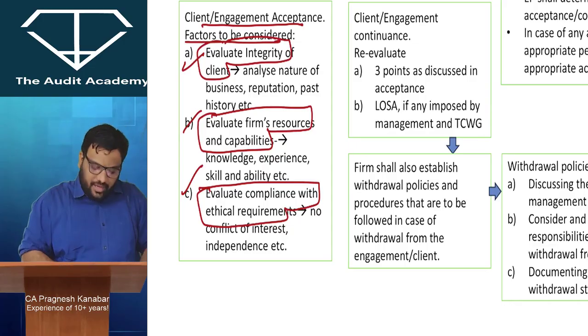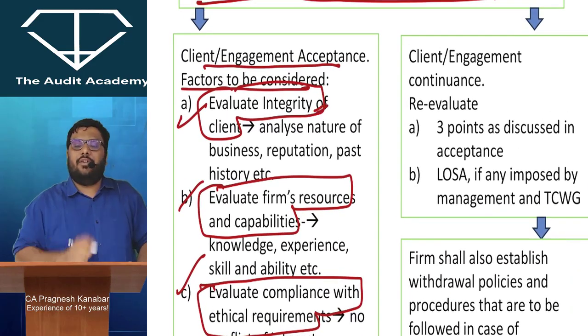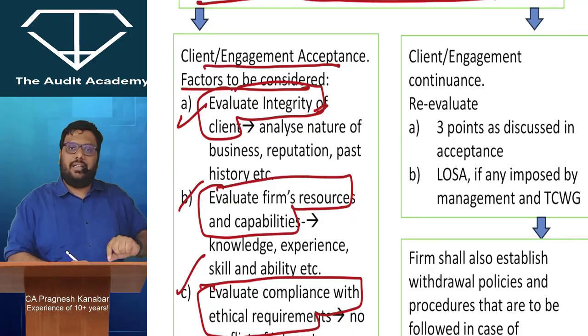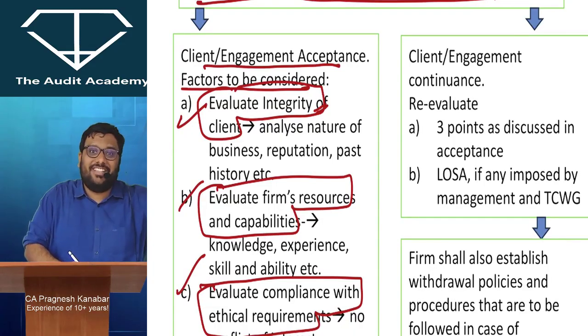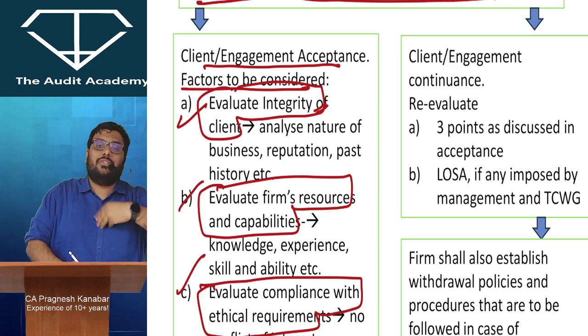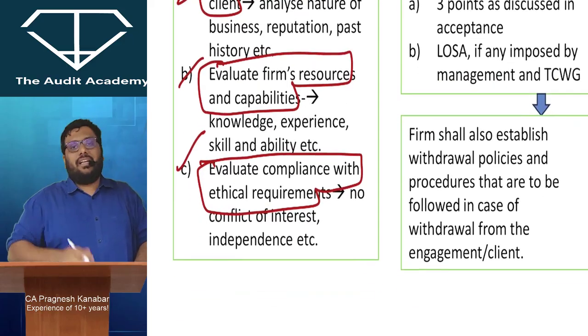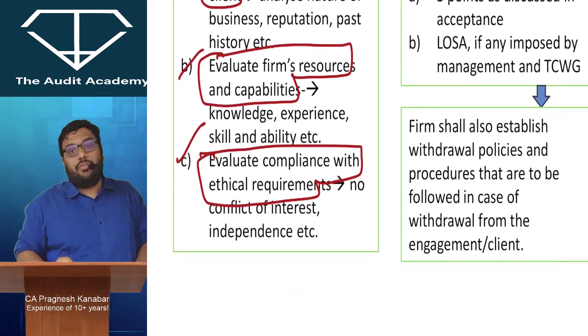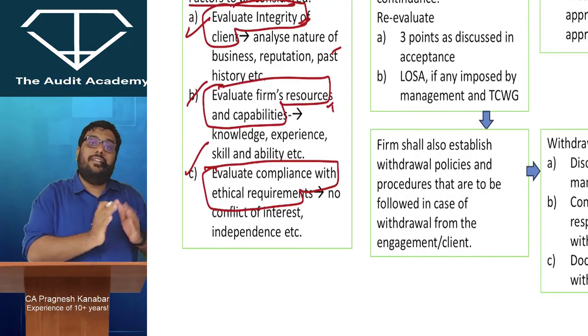That is why I have written some hints over here. If they talk about integrity of the client, how to analyze it? Based upon their business, reputation, and history. Then your own firm's resources, competence, capabilities, knowledge, skill, experience, ability. Then in case of ethical requirements, independence, there should be no conflict of interest. If you want these 3 points, you can read once from the module in a little bit more detail.